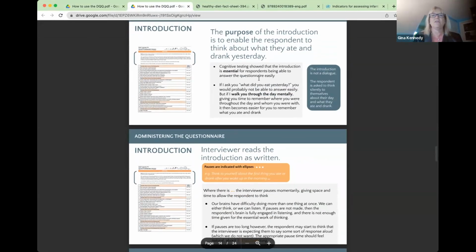And so, as Anna already said, you just simply read the instructions at the very introduction. You read them out loud. You practice reading them out loud in your trainings. You practice them in your pilot study. And then this is simply what the enumerators do. They read these instructions. They read the questions exactly as worded.